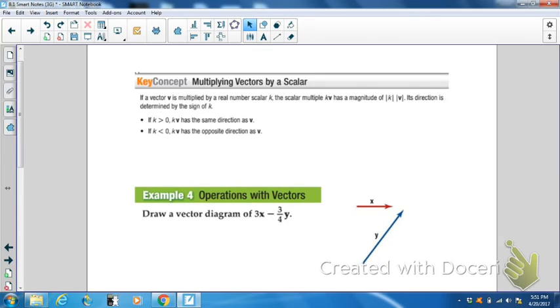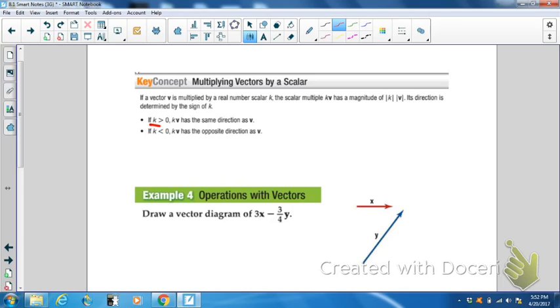Multiplying vectors by a scalar. So a scalar we talked about as being a multiplier. It has nothing to do with a direction. Says if a vector v is multiplied by a real number, a scalar, then we actually give absolute value k times absolute value of v. Its direction is determined, however, by the original sign of k.